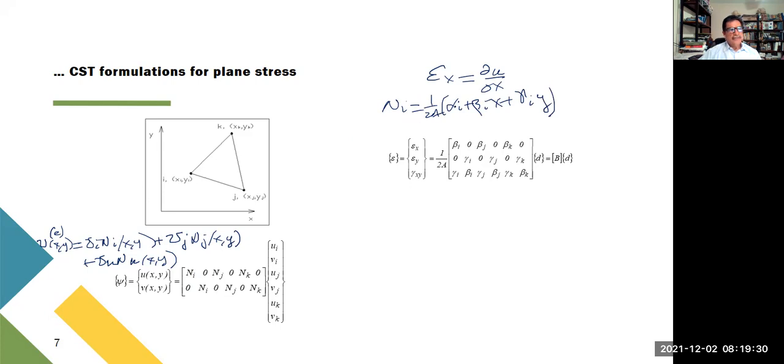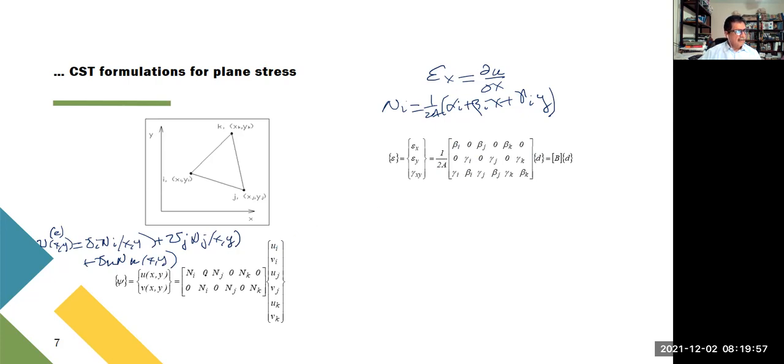If I differentiate this with respect to x, I will get 0 here, beta I here, and 0 here. This will multiply by ui. So I get only this term here, beta I over 2A, and this term will be multiplied by the first one here, which is ui.